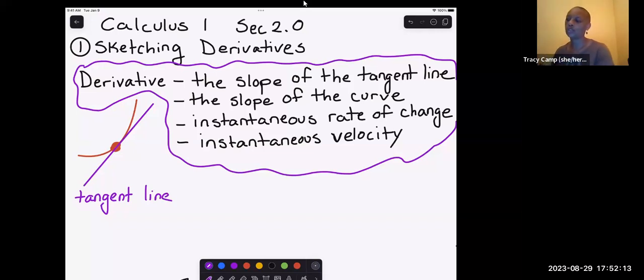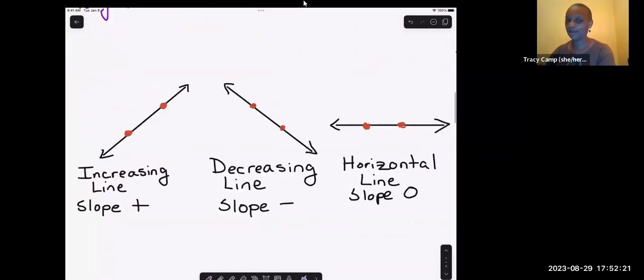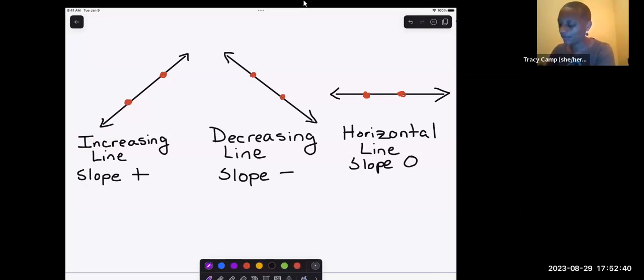Before we start this, I'm going to take us back a little bit to some algebra. Just a reminder from algebra, if you have an increasing line, like the line that I drew on the left here, the slope is always going to be positive.